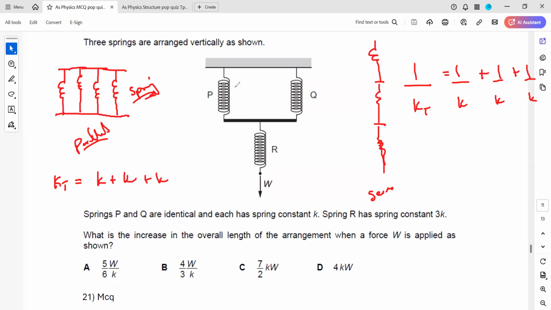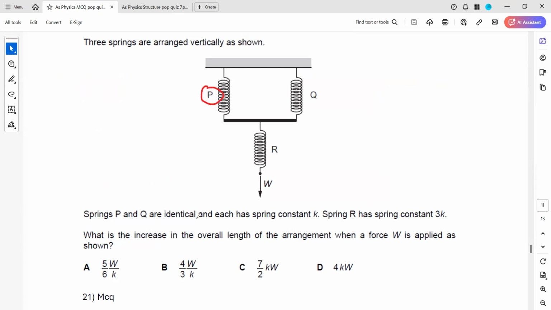Now, they mentioned springs P and Q are identical. They have a spring constant K. How are they connected, parallel or series? They're connected in parallel. So to get the total combined, I will just add the spring constants.